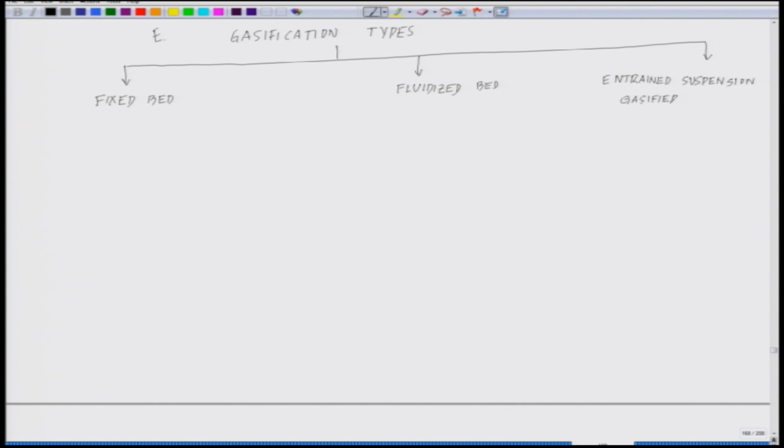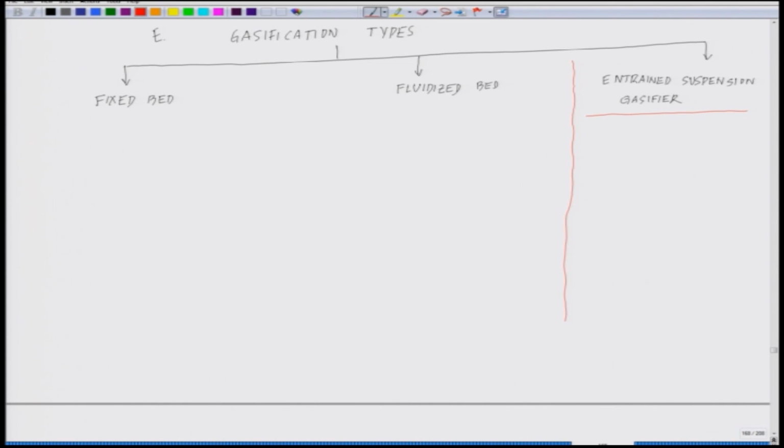So, in this course we will not really talk much about this entrained suspension gasifier, but just for your general knowledge, these kinds of gasifier are very suitable.